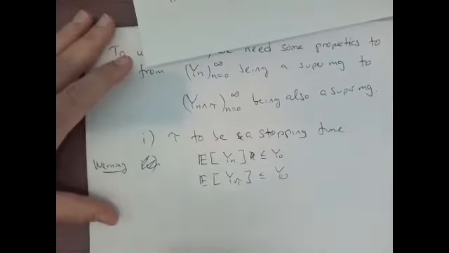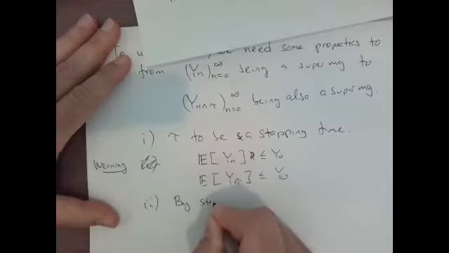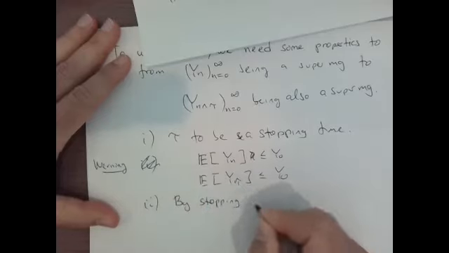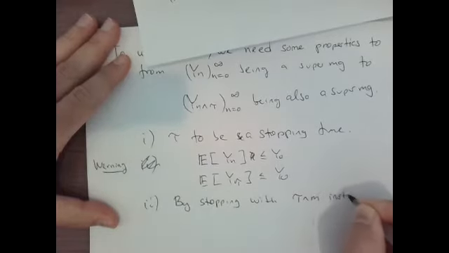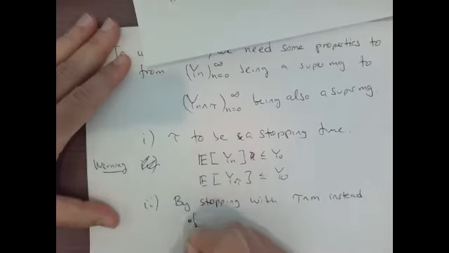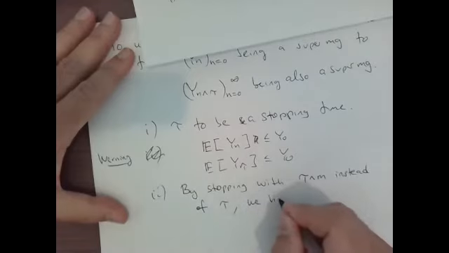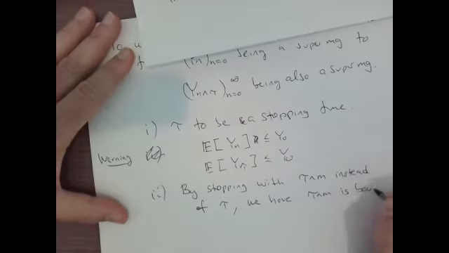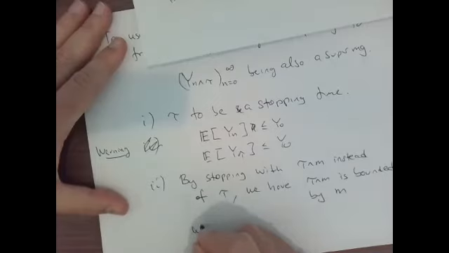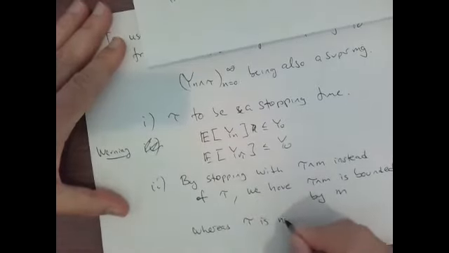So what I did was stop with tau min m instead of tau. We have that tau min m is bounded by m, whereas tau is not bounded.